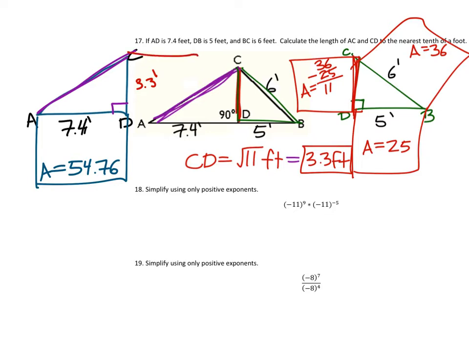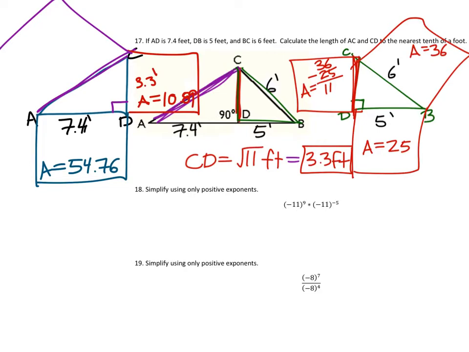And we got the area of this square, 3.3 times 3.3. But what I really want is the area of this square, and it would be the 54.76, because that's the hypotenuse, plus the 10.89.